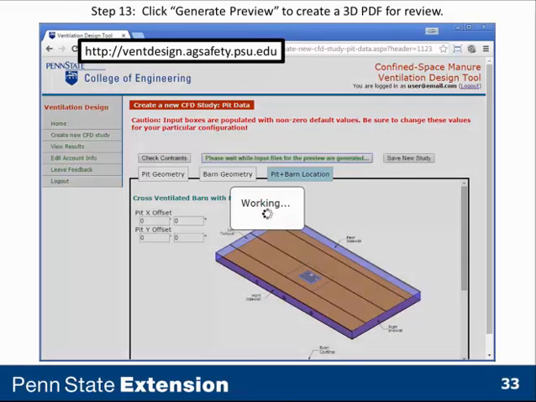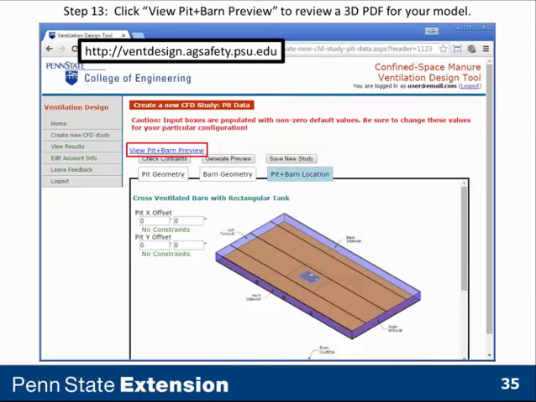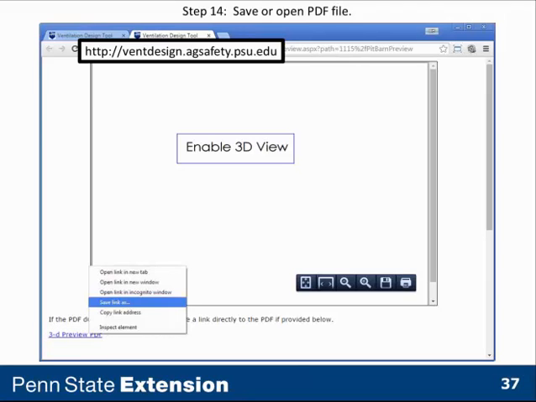Click on that. It'll work while it's developing and generating a 3D sketch. When it's done with that, it tells you that a preview is being prepared. And then when it's done, it says you can view the pit and barn preview. Click that. Then it says a 3D preview PDF. You click on that, and then you send the link.